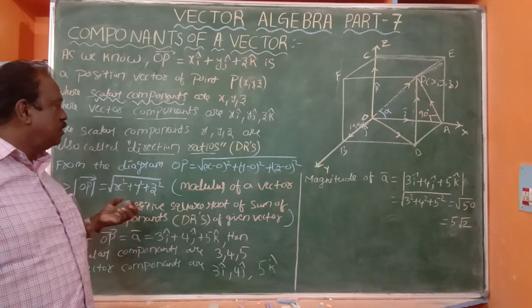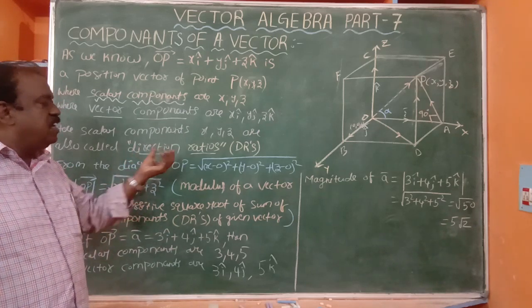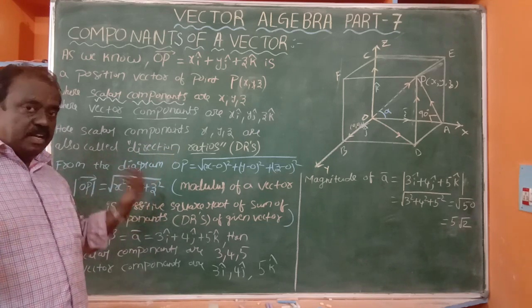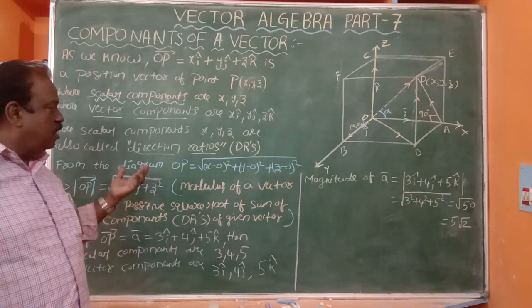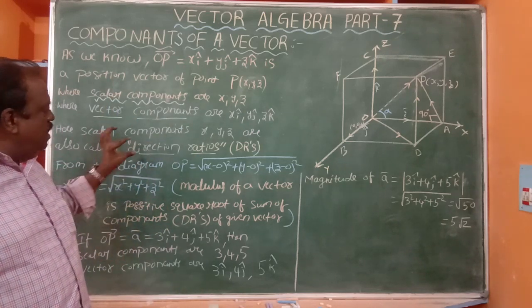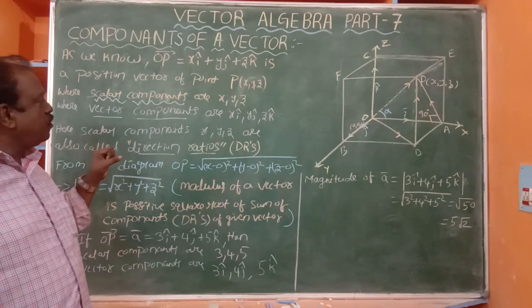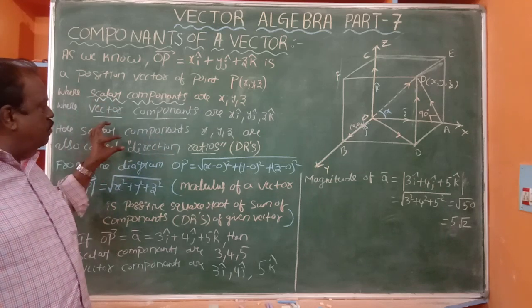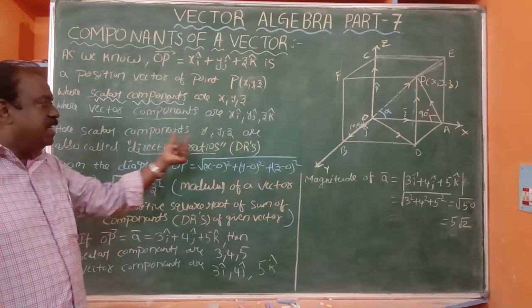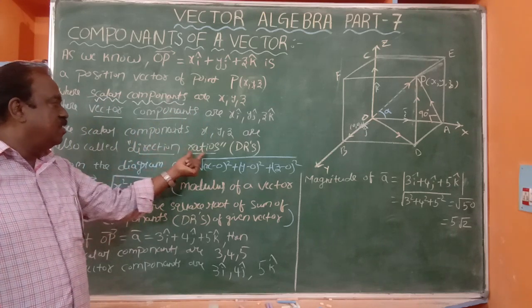Direction is simply a name. What the directions are, clearly we will discuss in that chapter after completion of this vector chapter. But here we have to take that one. The scalar components which are x, y, z are also called DRs, direction ratios.